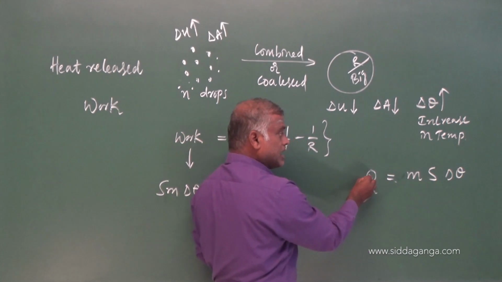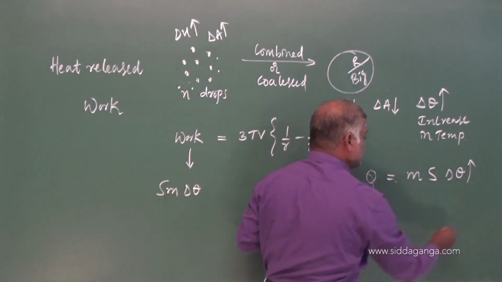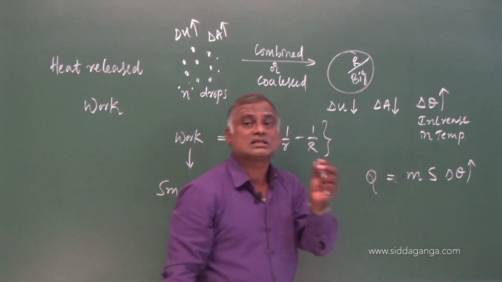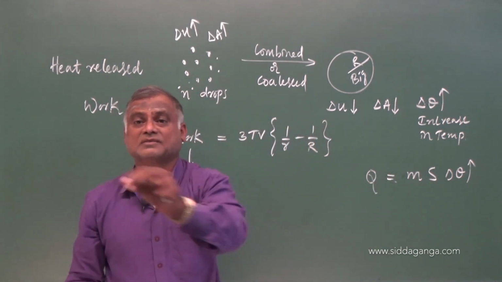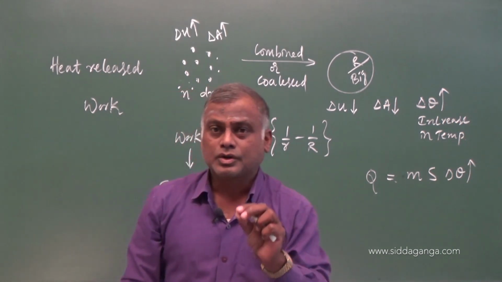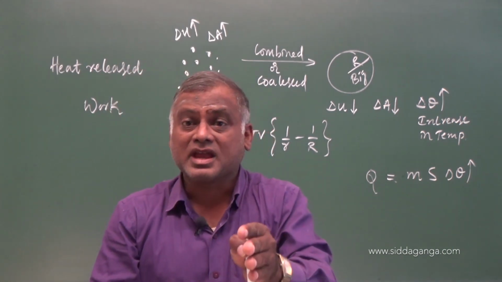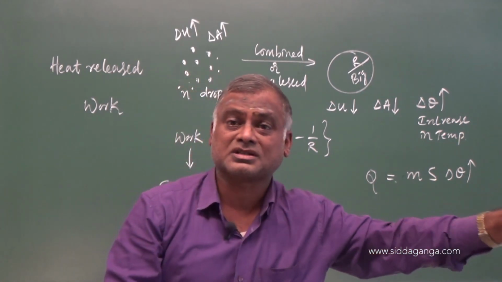When heat is supplied, there is a rise in temperature, where m is the mass of the substance and s is the specific heat of the given substance. To raise the temperature, a different amount of heat is required for different substances.